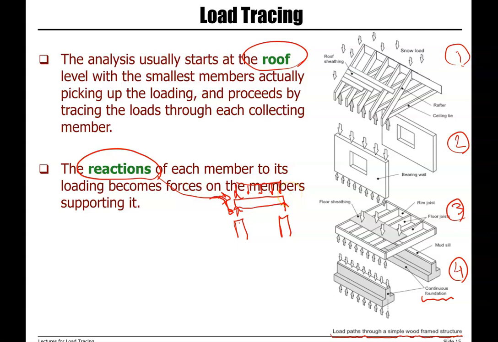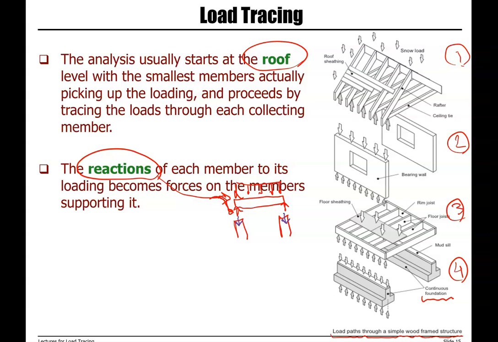These reactions become forces applied to the element supporting the beam, which in this case can be a bearing wall or a column. So the same load, same magnitude with the opposite direction, is the load transferred from the beam to columns or bearing walls supporting that beam.